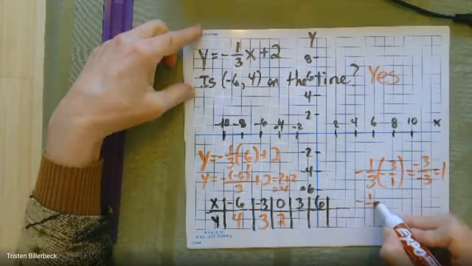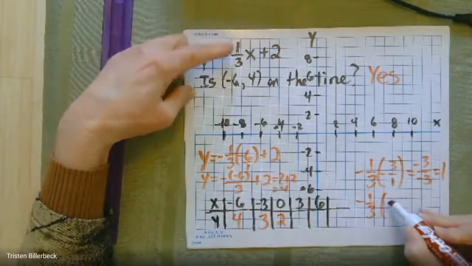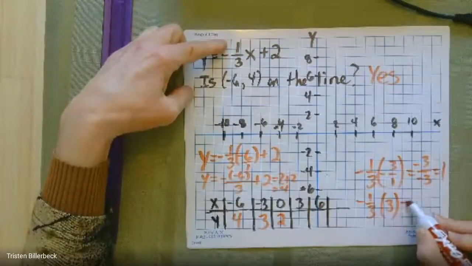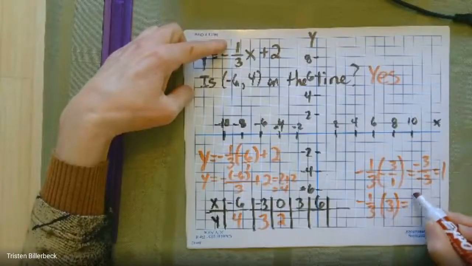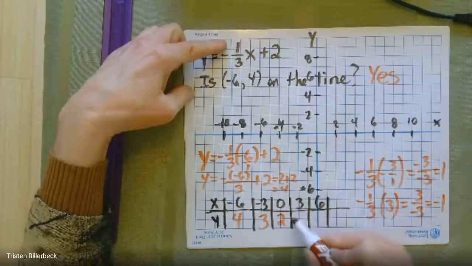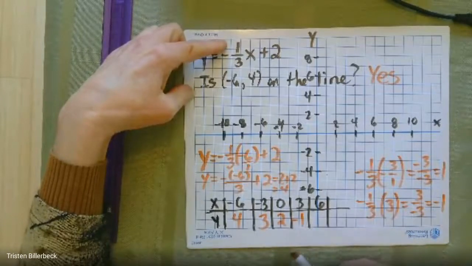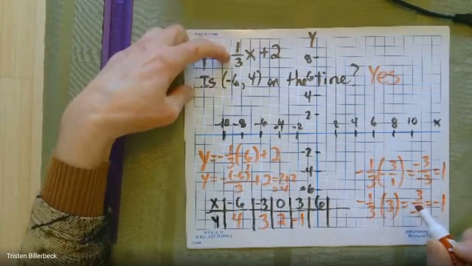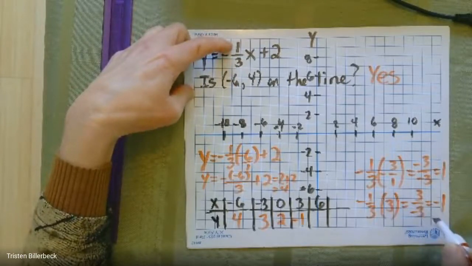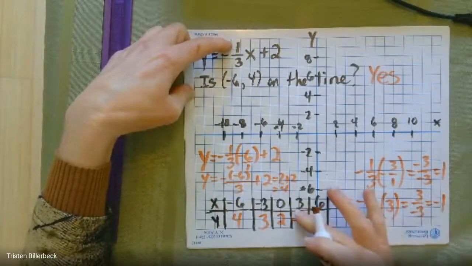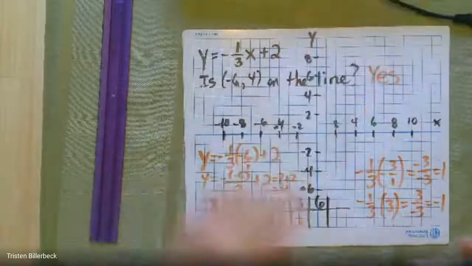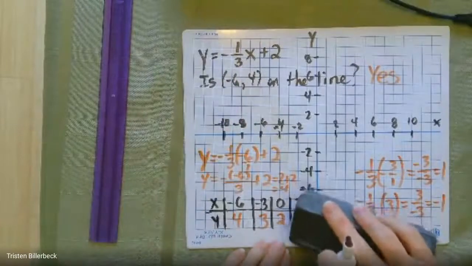Then we have -1/3 of 3. So that's just going to be 3 over -3 is -1. So we have -1. Oops, something's up. Okay, let's try that again. So -1 plus 2, that's what's happening. So we found this is -1.